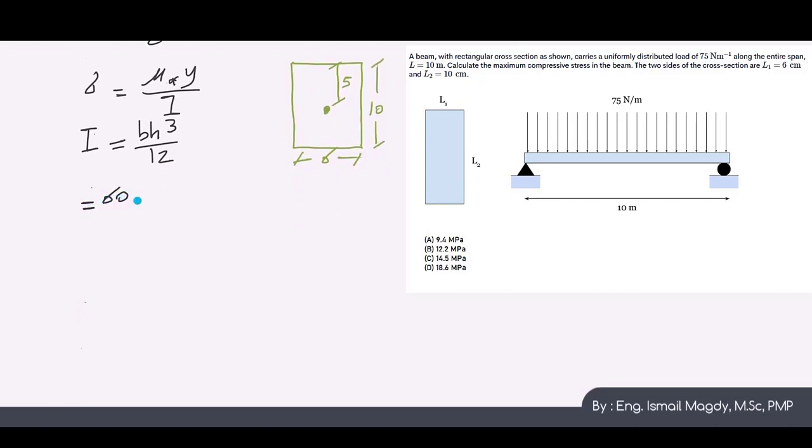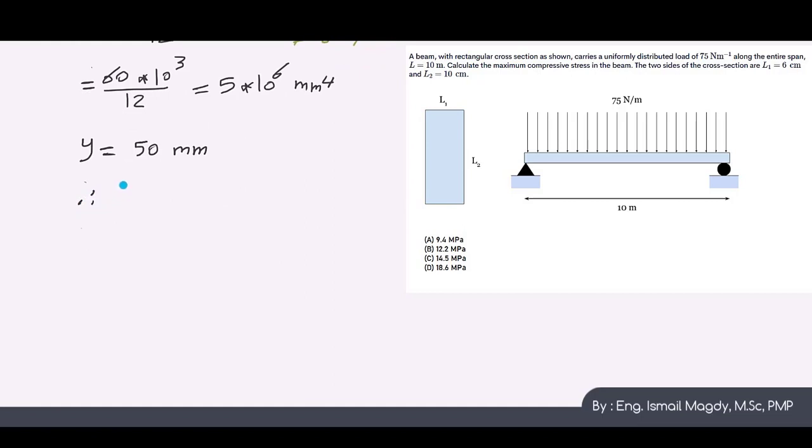We have 60 multiplied by 10 power 3 over 12 will equal 5 multiplied by 10 power 6 millimeter power 4. We transfer the centimeter to millimeter. So now we have the y 5 centimeter, which is 50 millimeter, like we earlier calculated.